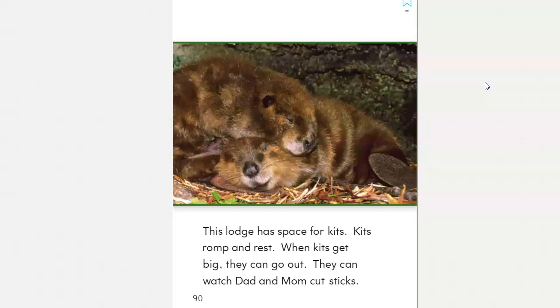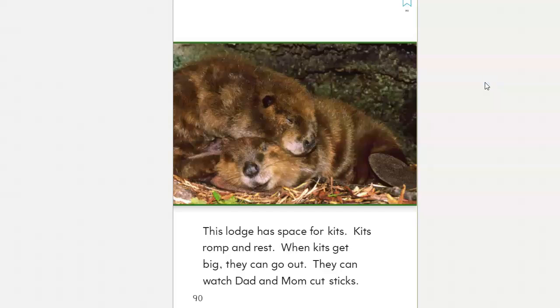It says, this lodge has space for kits. Kits romp and rest. When kits get big, they can go out. They can watch Mom and Dad. This is a great example of the author not telling us exactly what kits are, but we are able to draw a conclusion using the text evidence.